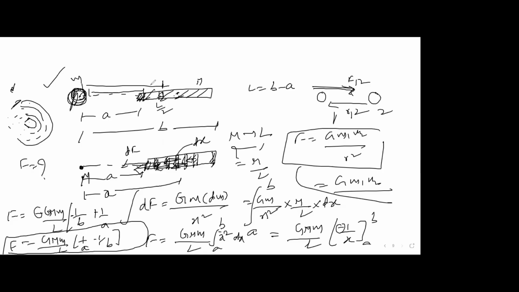This rod also attracts the point mass with the same force. They form action-reaction pairs. Like this, for an extended object, by taking elemental masses, you have to extend Newton's law of gravitation. This is how we will find it.